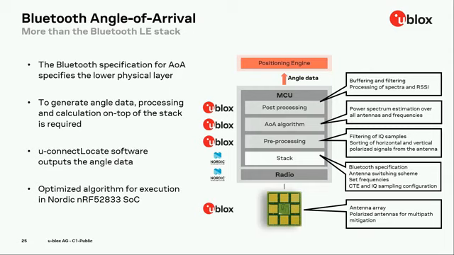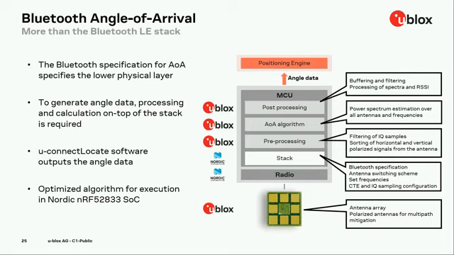The first operation happens in the radio chipset, part of the nRF52833 chip. This has the radio capabilities and then the stack that implements the Bluetooth specification. And what comes out of the stack is IQ samples.